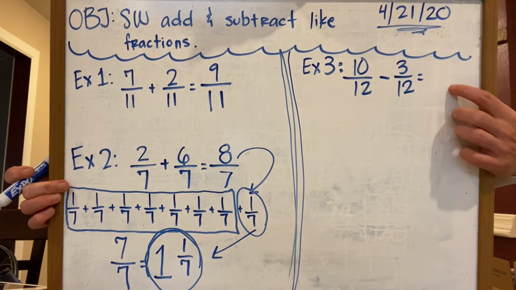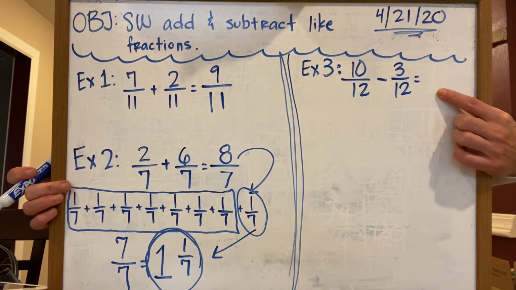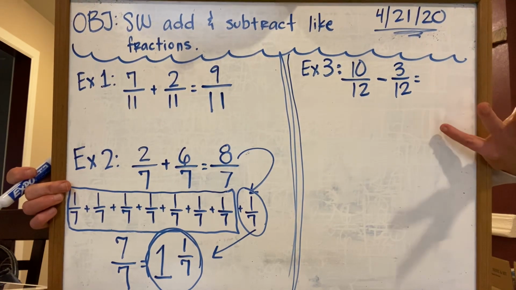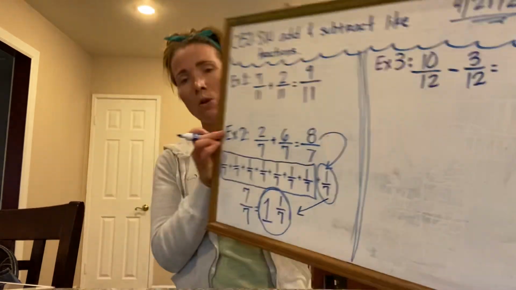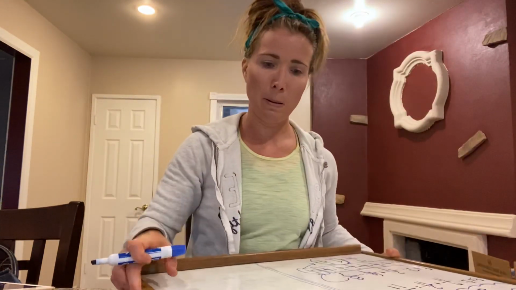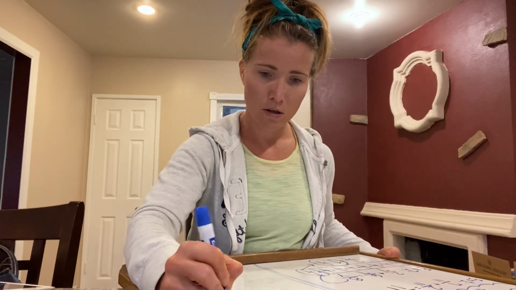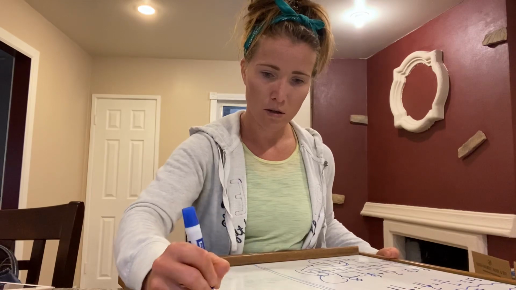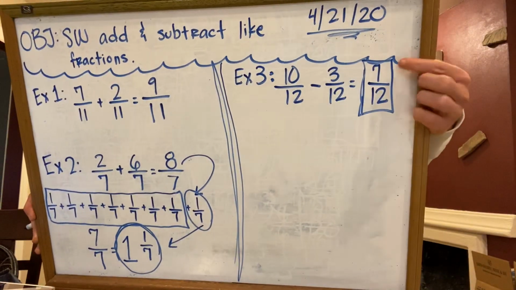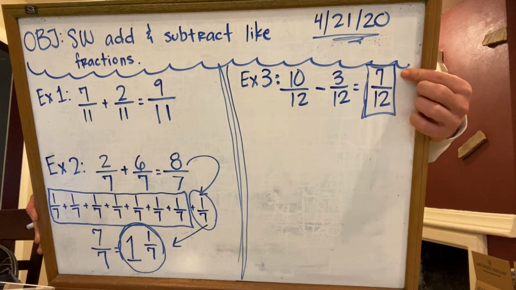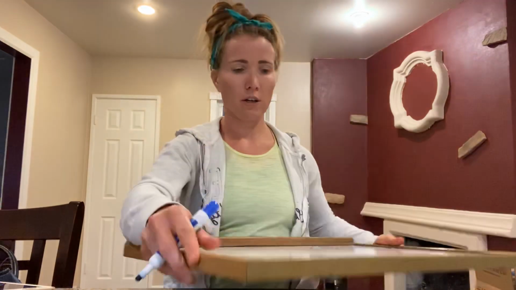So in my answer, my denominator is going to be 12. And then I just subtract across. 10 minus 3 would be, I'll give you a second, 7. Let me write that out for you. There you go, 7/12. Pretty simple.